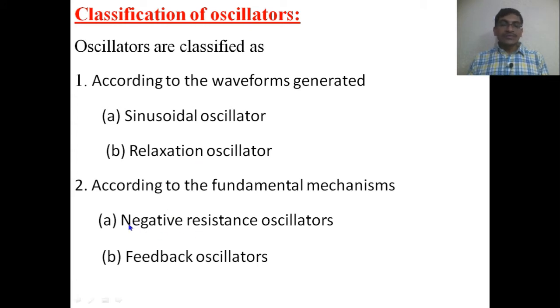If you use a UJT in the amplifier section to generate oscillations, those are called negative resistance oscillators. The feedback oscillator is an amplifier which uses a feedback signal, and only positive feedback is used by the oscillator circuit.